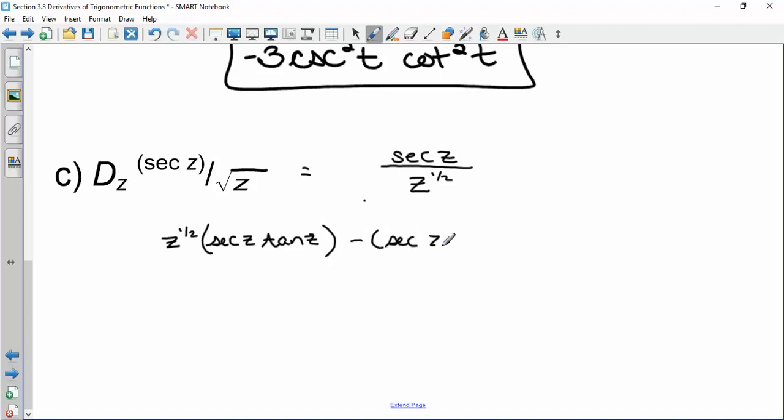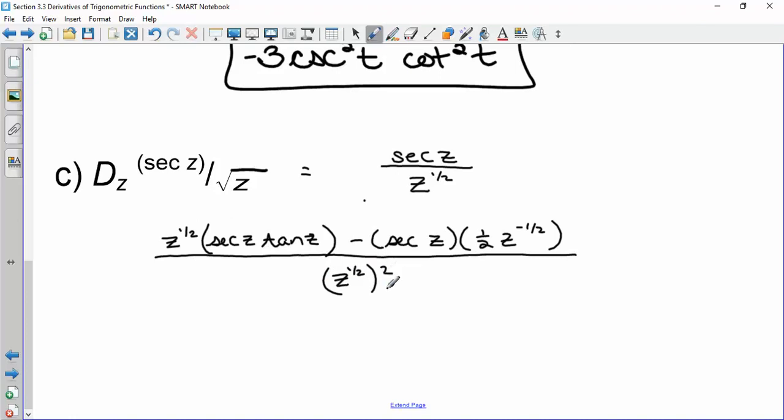Minus high, d low. Derivative of the bottom, 1/2 z to the negative 1/2. Over low squared.